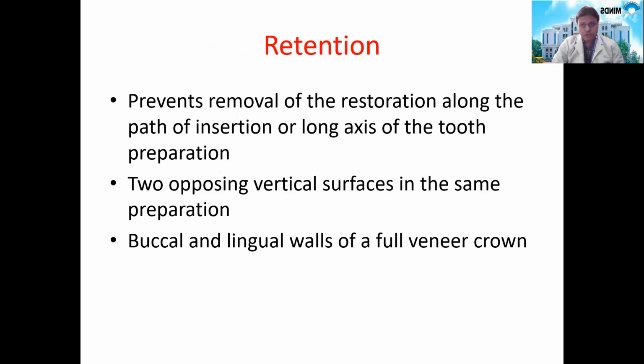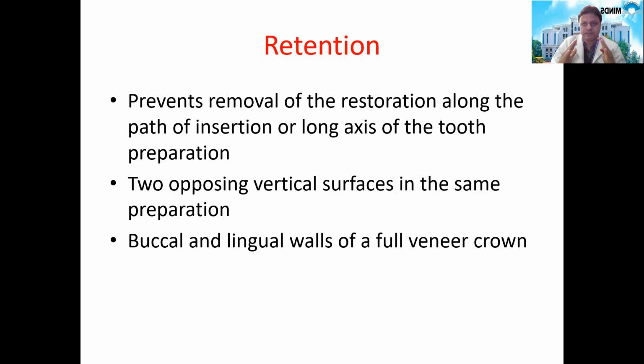So how do you achieve good retention for a crown? Optimum retention is obtained by preparing the vertical walls. We're going to prepare the axial tooth surface and create walls. Two parallel walls will give you good retention. The more tapering your preparation, the less retention. So the ideal taper we are looking at is 3 to 6 degrees between the opposing walls.